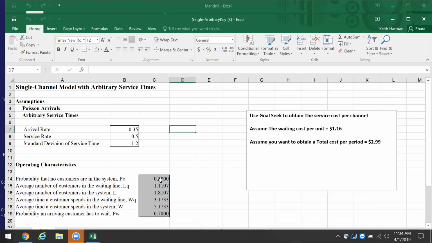Note this is what we call the operating characteristics. We start with the probability that no customers are in the system, the average number who are waiting, the average number of people who are actually in the system, the average time they're waiting, the average time they spend in the system, and the probability that an arriving customer has to wait.